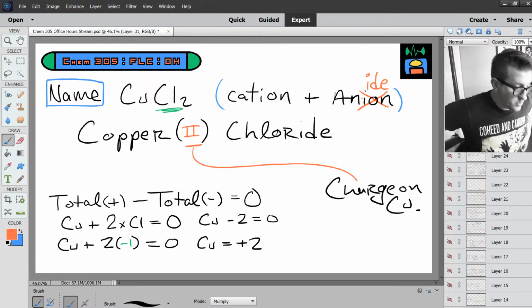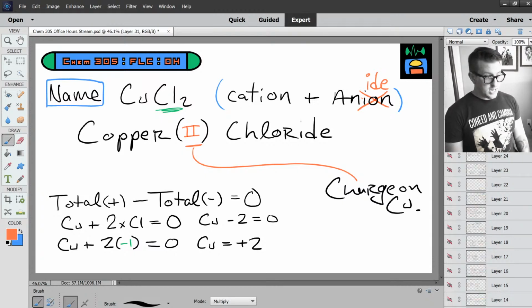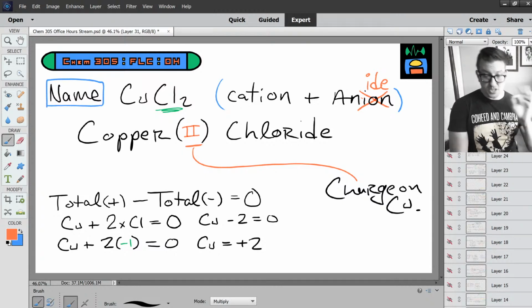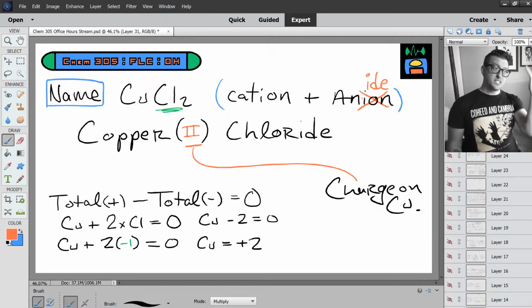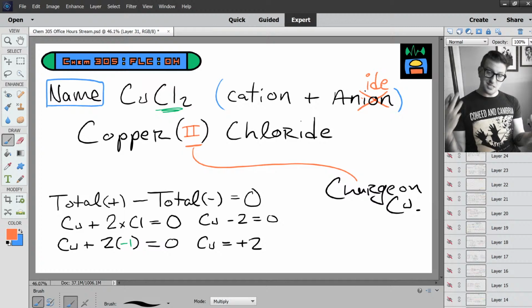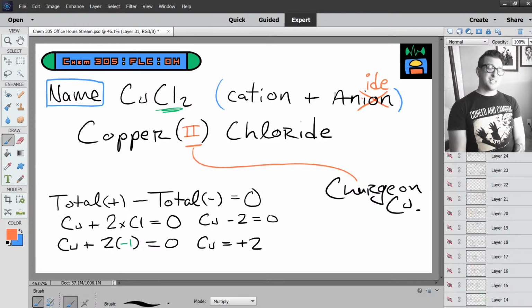That Roman numeral 2 means that copper's charge is +2. It's not the number of copper atoms present, because there's only one copper atom, but the charge that ion has is a positive 2 charge. The reason is that one copper is balanced by 2 chlorines. Each chloride has a negative 1 charge. So if we've got 2 negative ones, we need a positive 2 so that they balance each other, so that they cancel out.